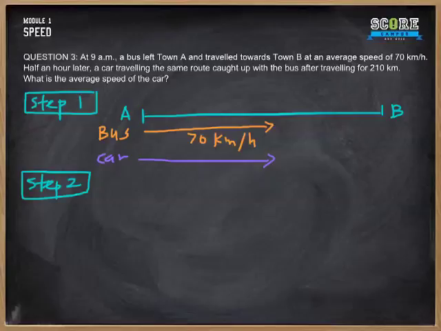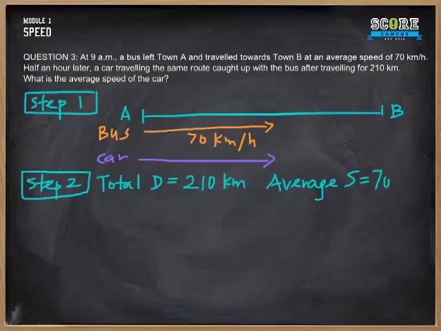So total distance traveled, total D here, is 210 kilometers when the car actually caught up with the bus. The average speed of the bus is 70 kilometers per hour. So what is the total time taken here?